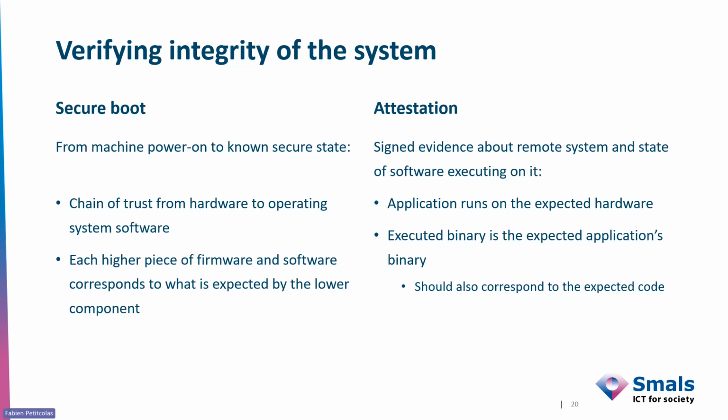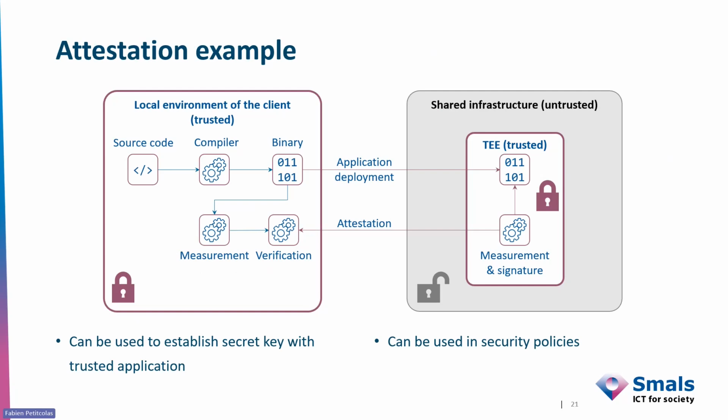And so let's have a look in more detail at this attestation process, because I think it's very important in order to be able to verify that the remote system does correspond to what you expect. So on the left, you have your local trusted environment where you do your development.